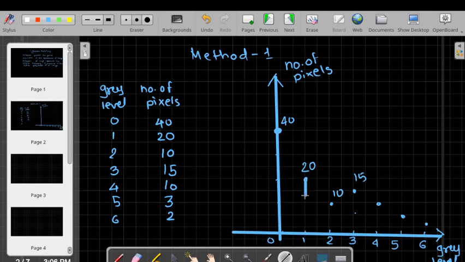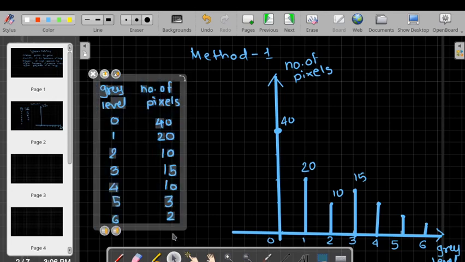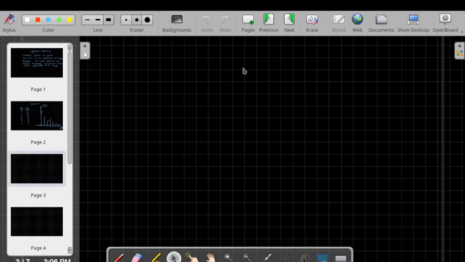So in this way the graph is plotted for the gray levels versus the number of pixels. So this is one method by which we can plot the graph. This is the table for number of pixels versus gray level, and it is method 1, which is very simple.